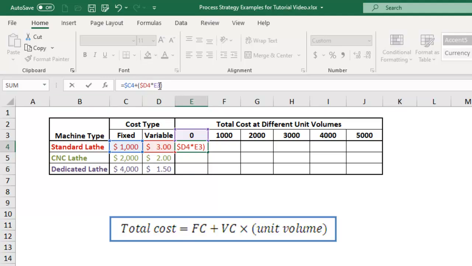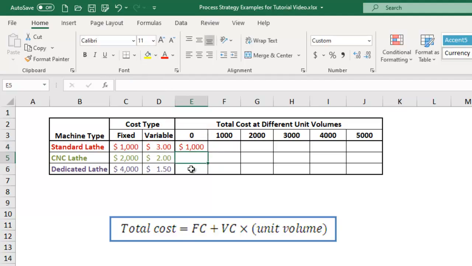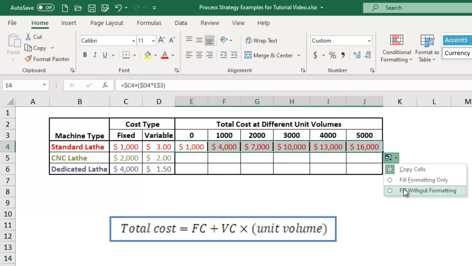And then finally we need to put a $ sign in front of the 3 in order to retain the row reference of row 3 as we copy the formula down. So I'll hit enter. It didn't change the result of that formula, but now we're going to drag this to the right, and I'm going to do it without changing the formatting.